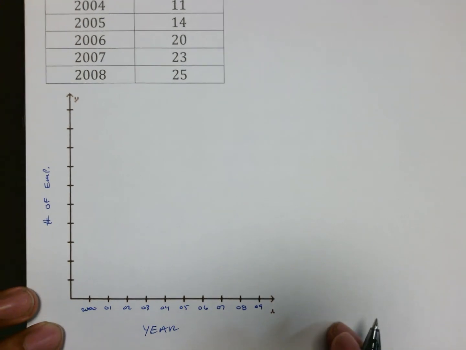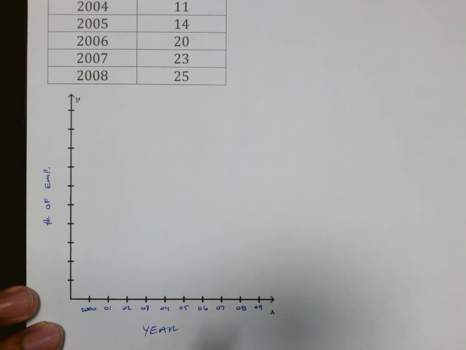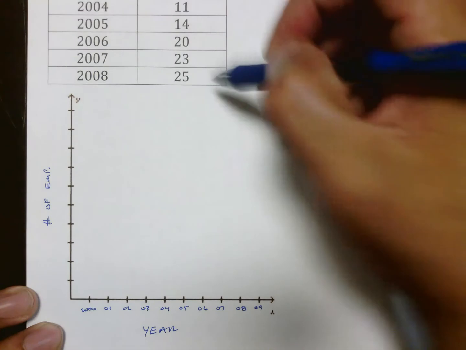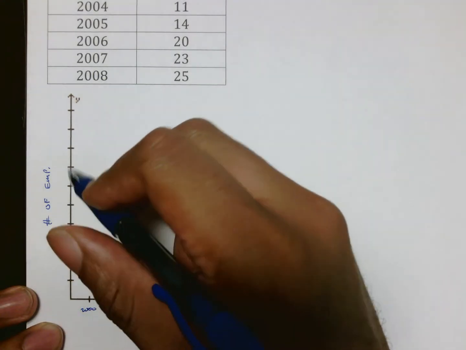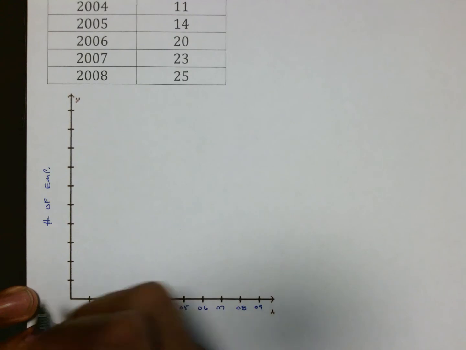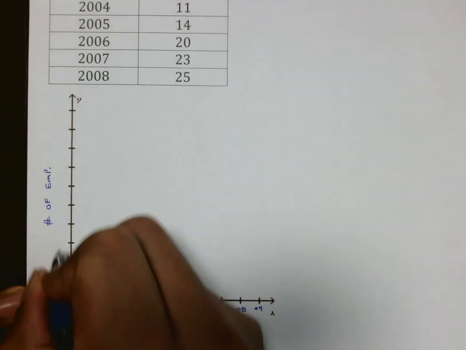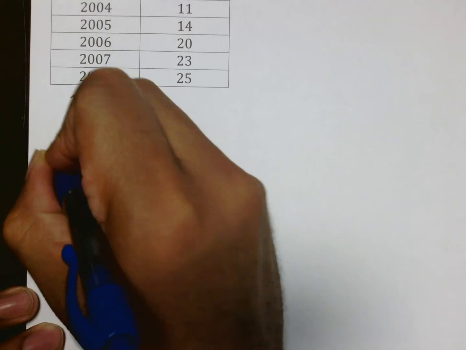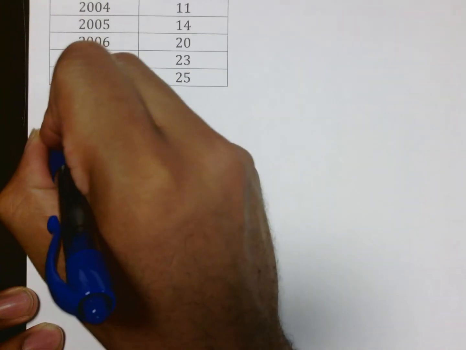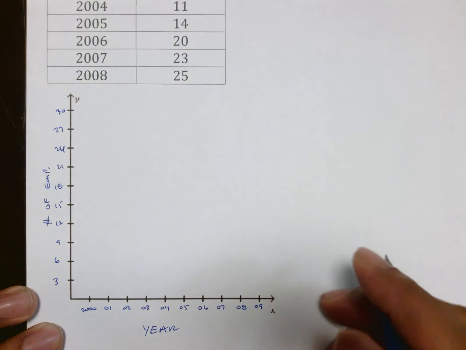So that actually covers everything we need. Again, the bottom line is that you have everything you need here. And this goes up to 25, so I think I can do probably 3 again, getting us up to 30. So 3, 6, 9, 12, 15, 18, 21, 24, 27, 30.